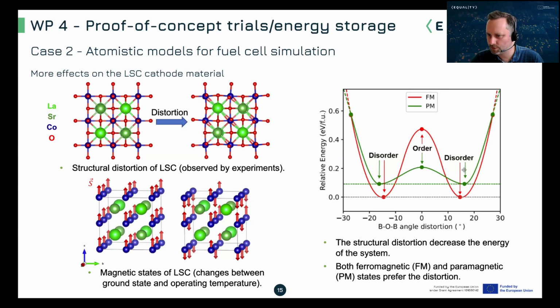It has also the same order-disorder effect, but in general, the difference between ordered and disordered energies in the paramagnetic state is lower, and also the minimum energy of the disordered systems is higher compared to the ferromagnetic state.